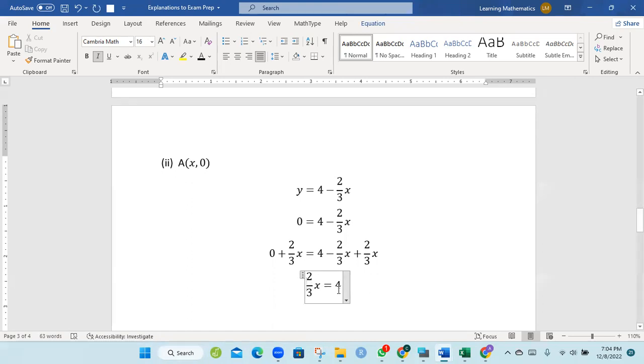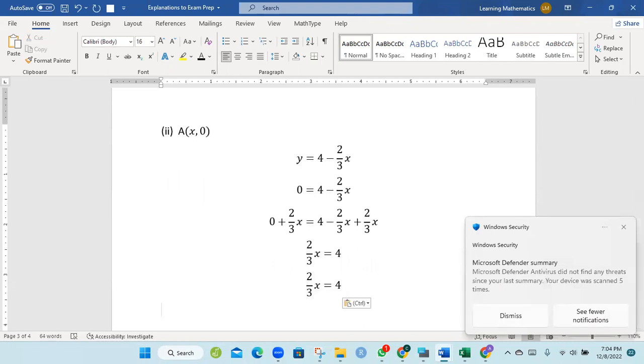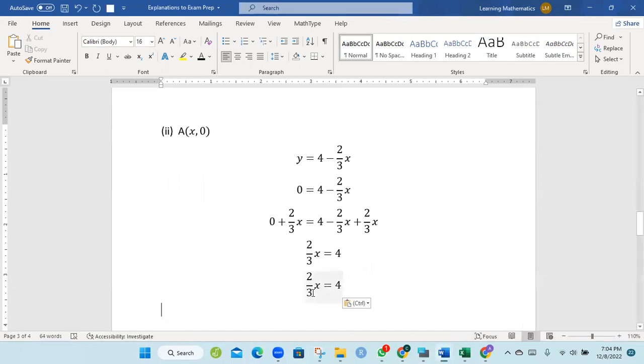Now we have to divide by 2/3 so that we can get x by itself. We divide by 2/3 on the left, and we have to divide by 2/3 on the right.